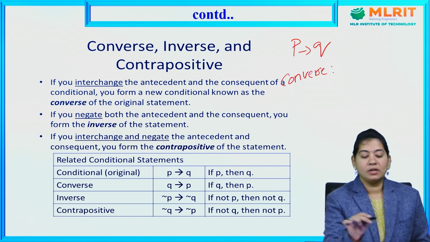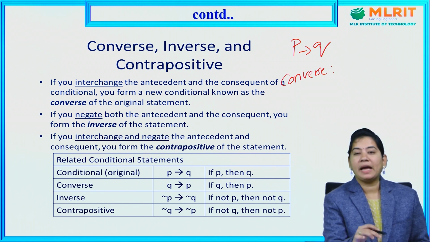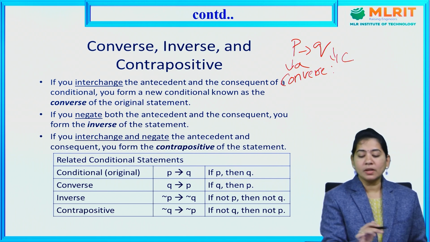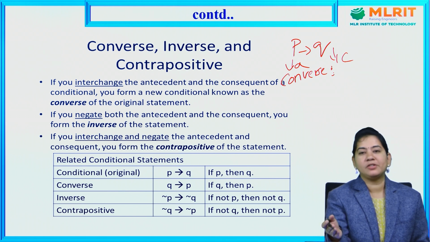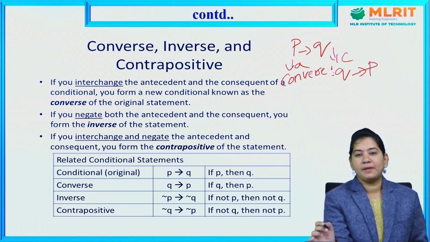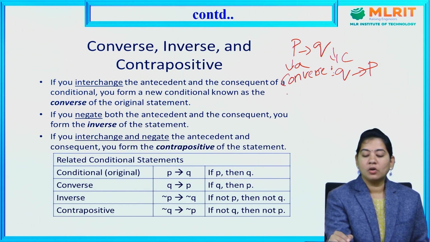Converse means interchanging antecedent and consequent. Here the antecedent is P and the consequent is Q. If you interchange these two, you write Q implies P, and that is called the converse.